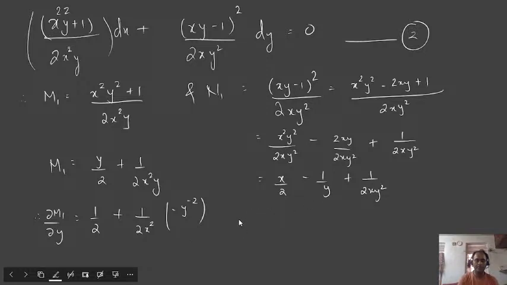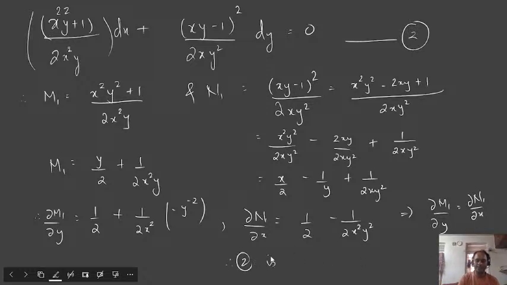And what about this one, ∂n1 by ∂x, when you do it is 1 over 2, that is gone, and then here you get 1 over 2x square y square with negative. So finally we can conclude, which implies that ∂m1 by ∂y is equal to ∂n1 by ∂x. So therefore it is exact.